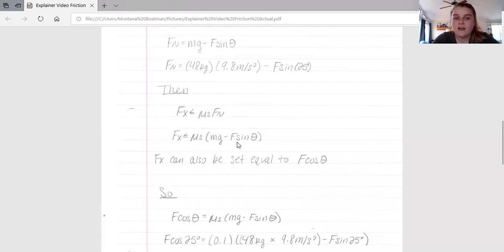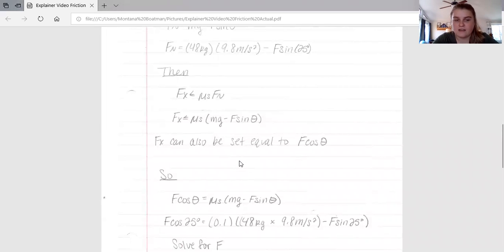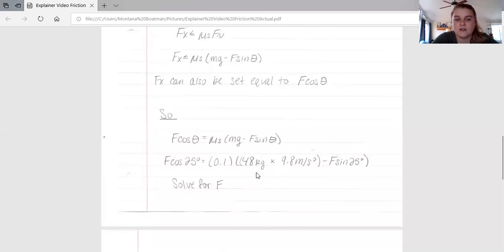This equation right here. So you plug that in, and then we can also take that F of x can also be set equal to F cosine of theta. So we're going to have all like terms if we use that. So to put it all together, F cosine of theta equals mu of s, so the static friction, times mg minus F sine of theta.